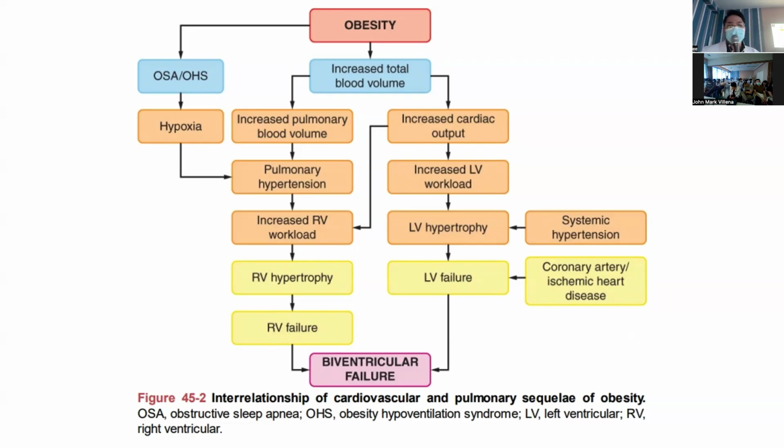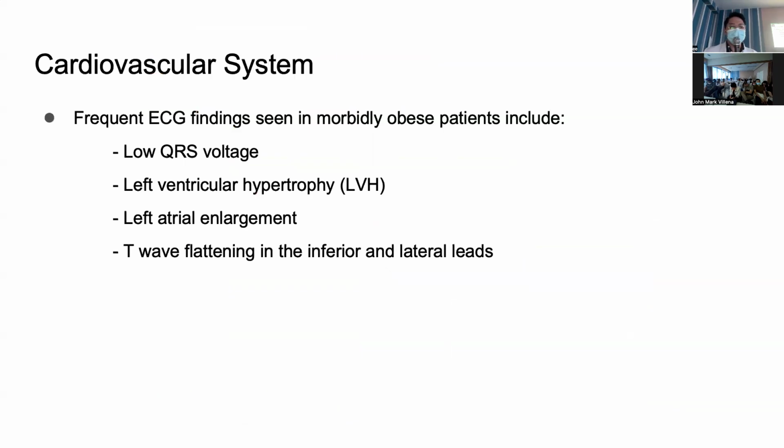When the left ventricular wall thickening fails to keep pace with dilation, systolic dysfunction and eventual biventricular failure result. Frequent ECG findings in morbidly obese patients can include low QRS voltage, LVH, left atrial enlargement, and T-wave flattening in the inferolateral leads.